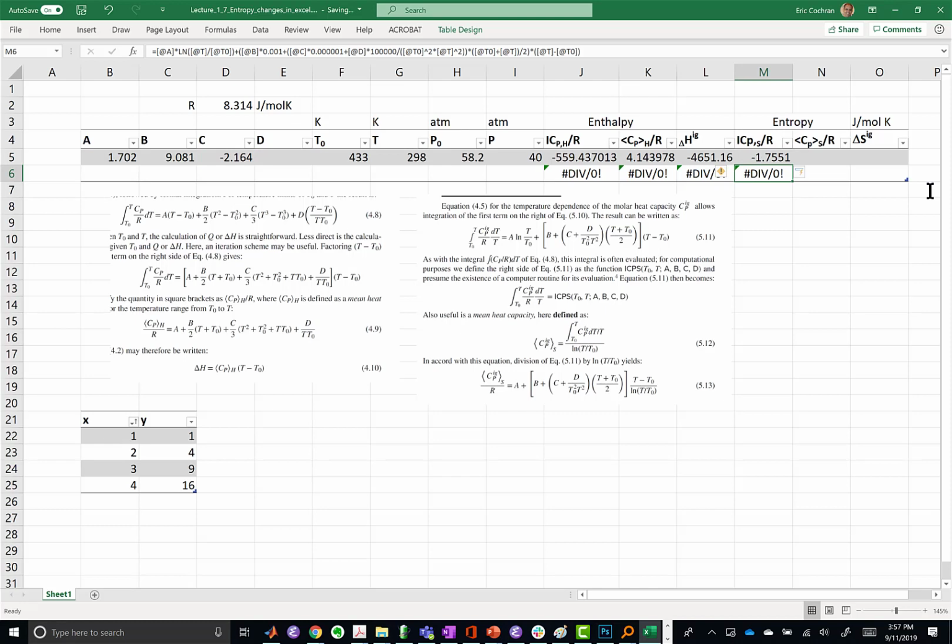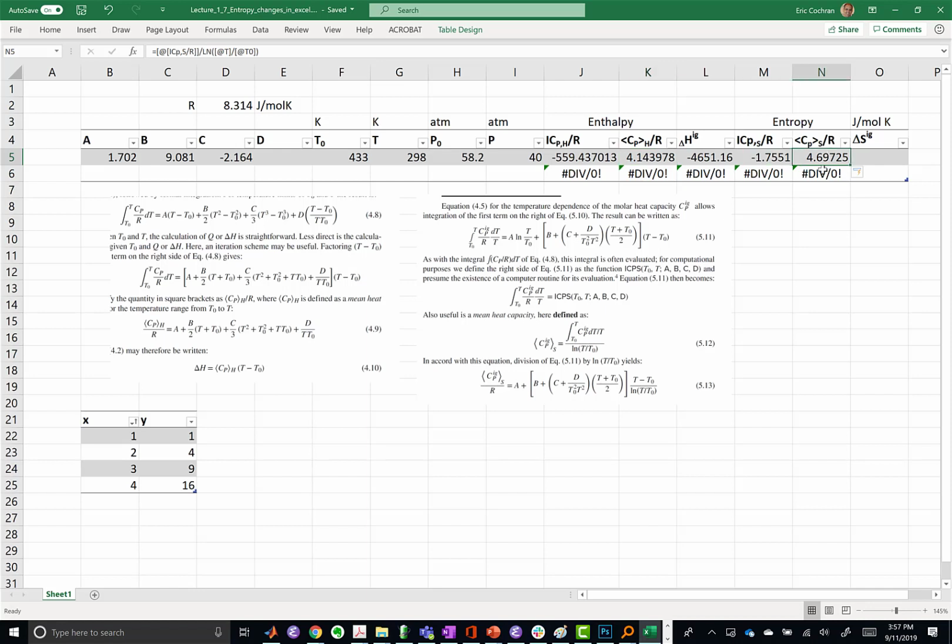So ICPS R. Mean heat capacity then is going to be the actual heat capacity integral, and now this time we're going to divide by the logarithm of the temperature ratio. So the temperature ratio being T over T0 again. All right, and so I get a slightly different number for the mean heat capacity for entropy calculations versus what I get for enthalpy calculations.